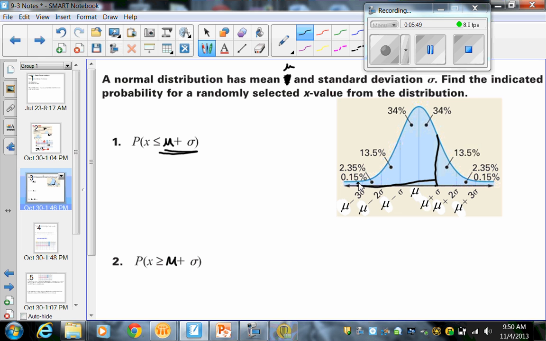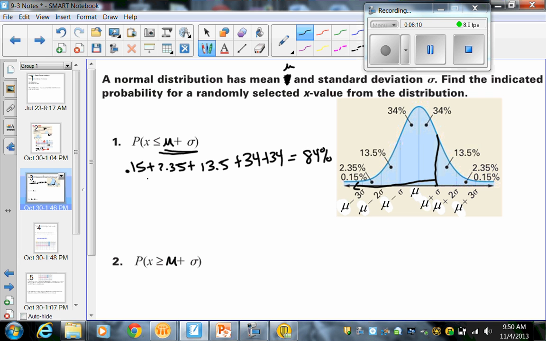All those percentages you see to the left, you're going to add them up. So it's 0.15 plus 2.35 plus 13.5 plus 34 plus 34. And when you add all those numbers up, you'll get 84%.